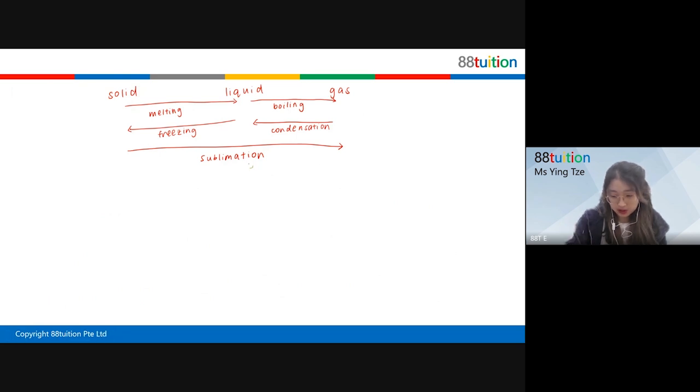Recall from your last chapter, we can use it to separate substances. So again, the examples are iodine and dry ice. Okay, then moving on to the next part, we have the heating and cooling curves.